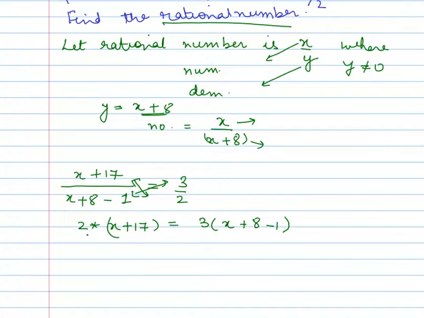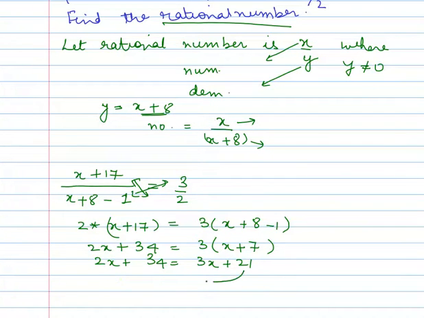This forms an equation. We will open the bracket: 2x plus 2 into 17 becomes 34, is equal to 3 into x plus 7, so 3x plus 21.